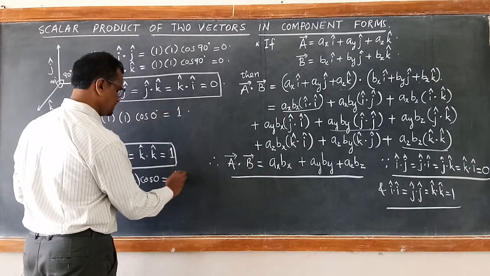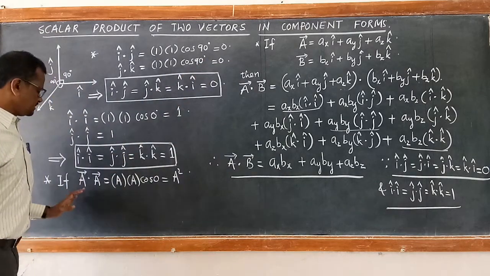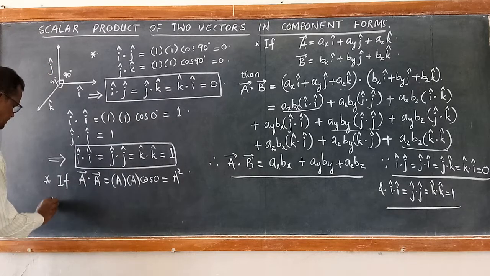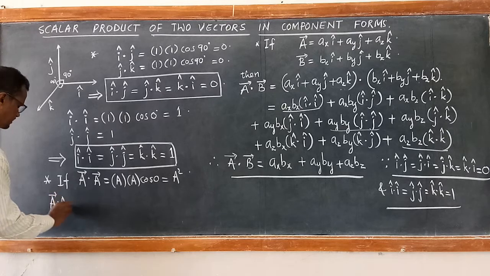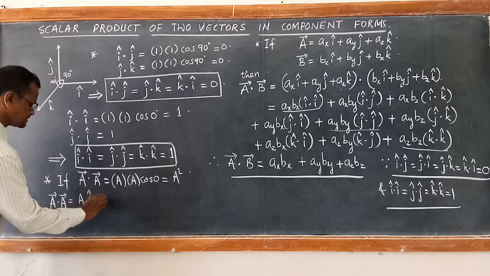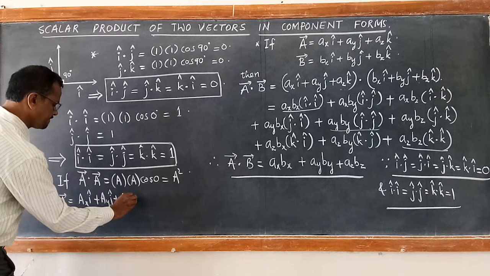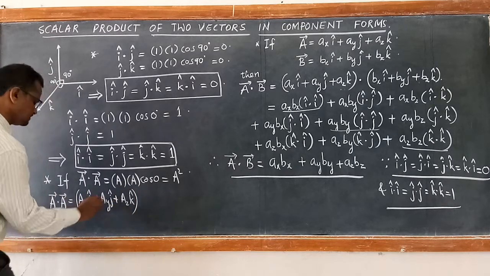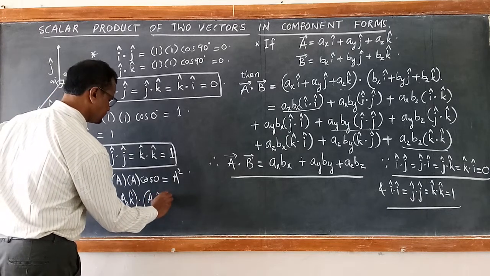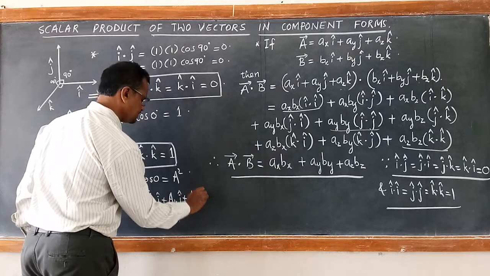So we get A square. In the form of components, A dot A is equal to (ax i plus ay j plus az k) dot (ax i plus ay j plus az k).